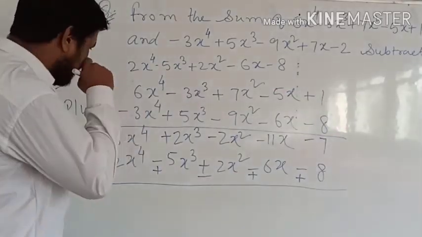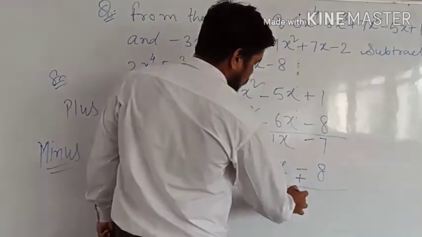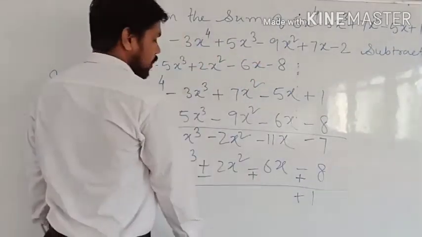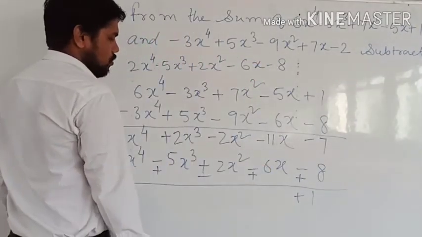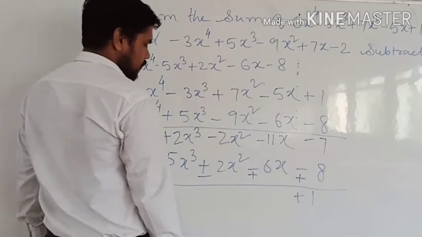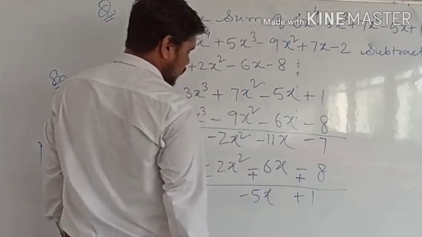Okay, यहाँ पे इसीलिए साइन चेंज होता है. तो यहाँ पे प्लस 8 है माइनस 7 है. सो प्लस 1 बचेगा. यहाँ पे माइनस 11 है और ये प्लस 6 है. सो 4 5 राइट. सो यहाँ पे माइनस 5 x बचेगा. ओके.